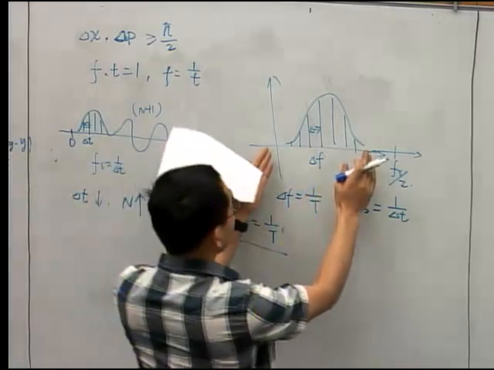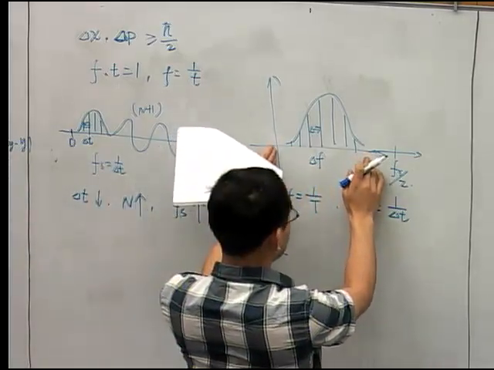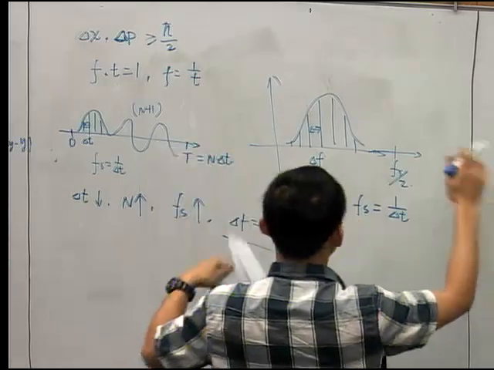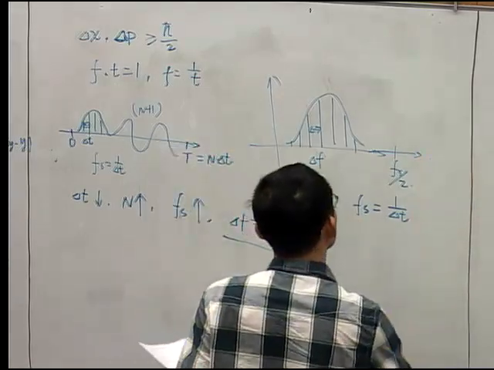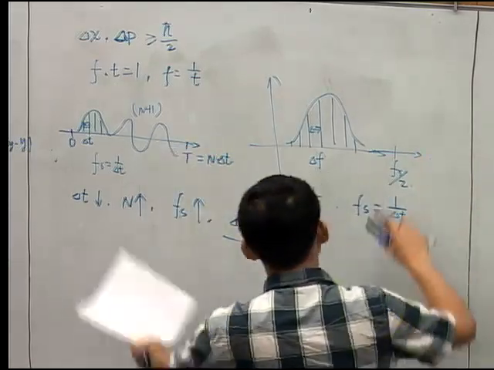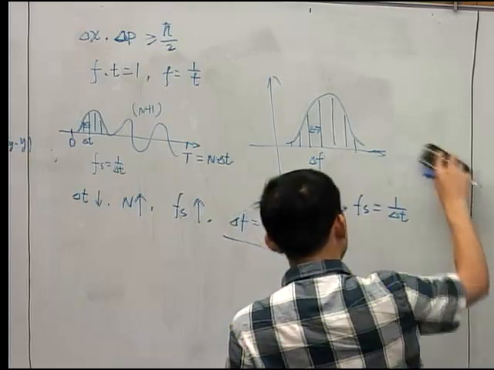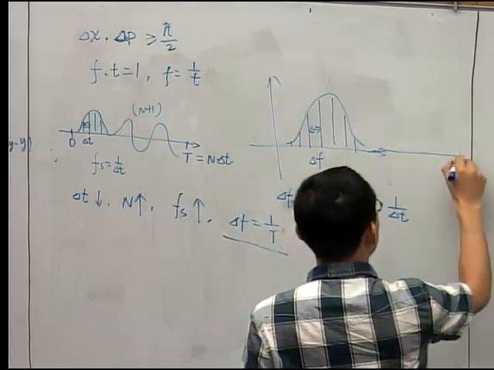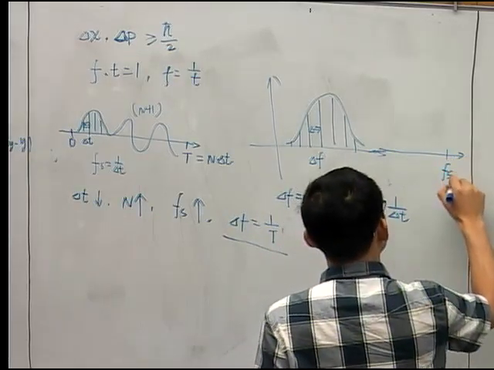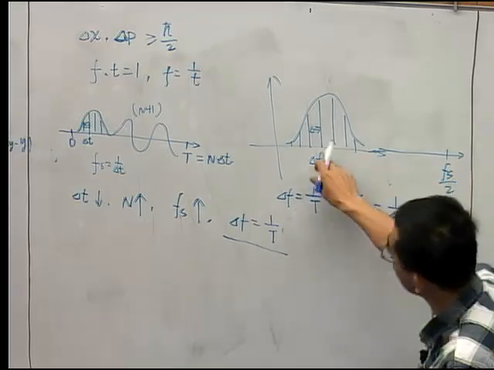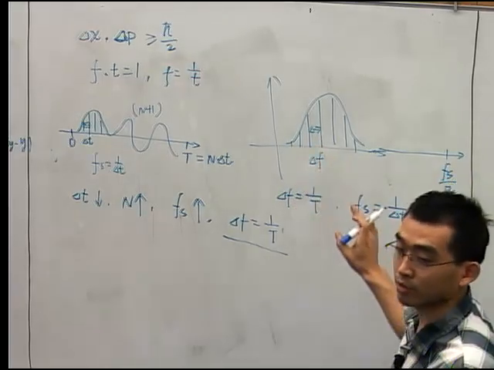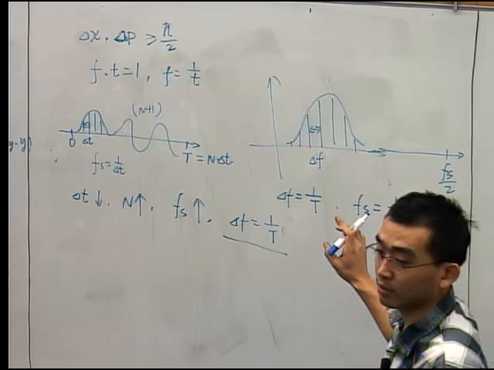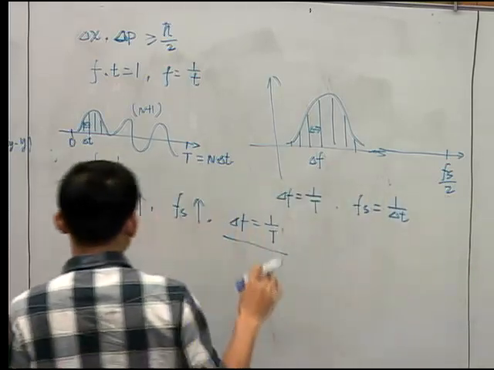So basically you expand this one. You have more here. Maybe you decrease the delta t, your half fs is maybe here, but here it's the same. So you didn't increase the resolution here.